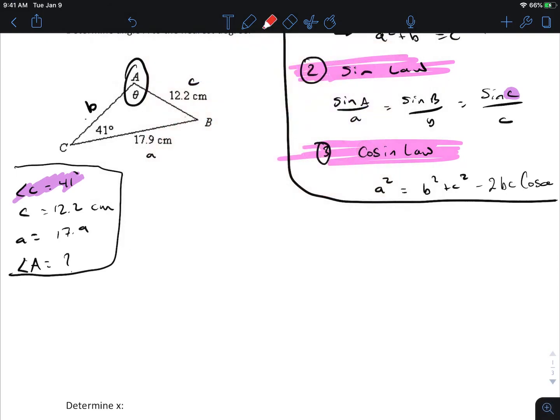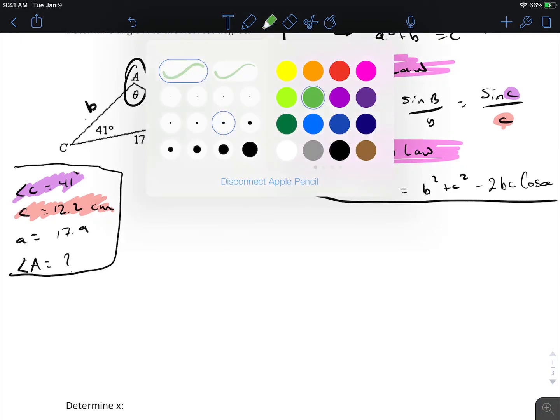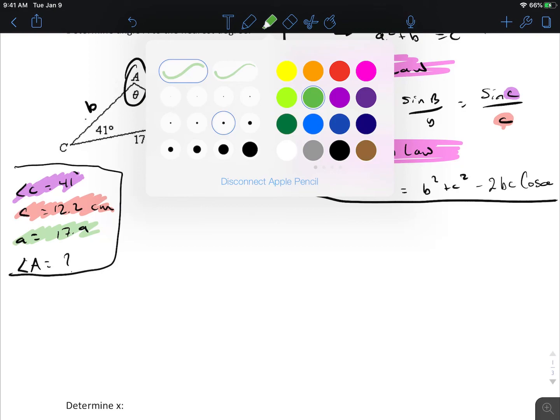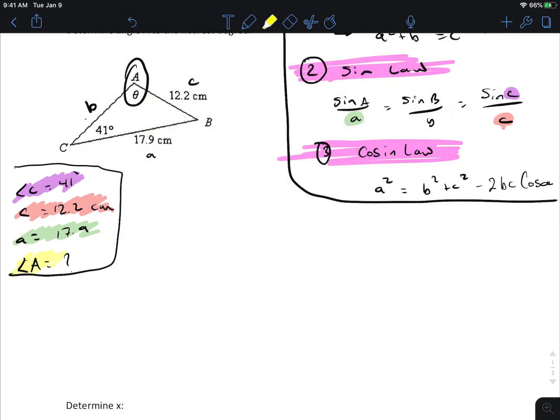And then I have side length C. I can put that underneath. And then I have side length A. Well, that can go over here. And what's the last thing that I'm looking for? Angle A.